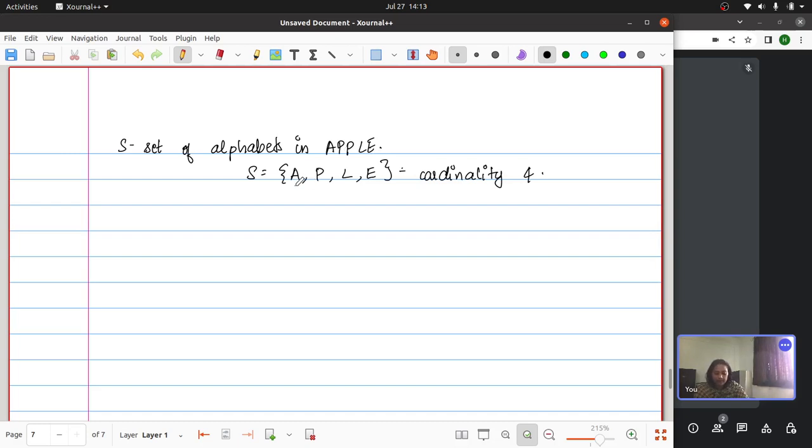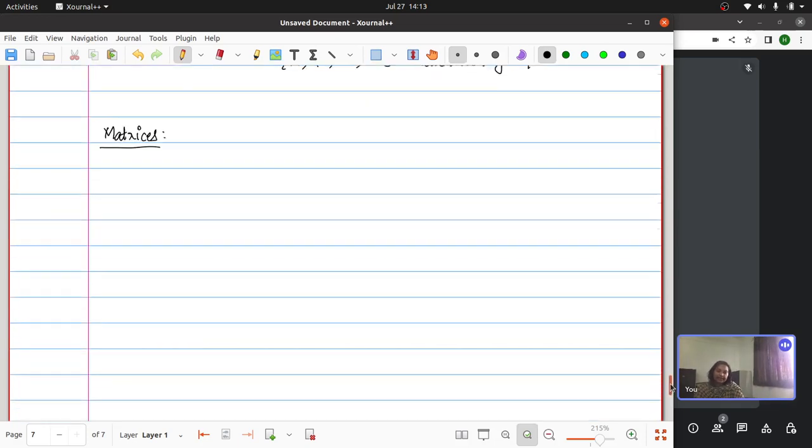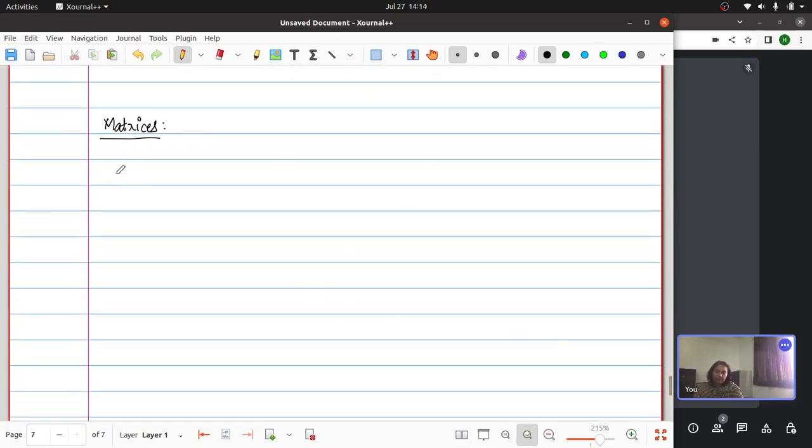Okay. So we will now talk a little bit about matrices. So what is a matrix? A matrix is just a rectangular array of numbers.